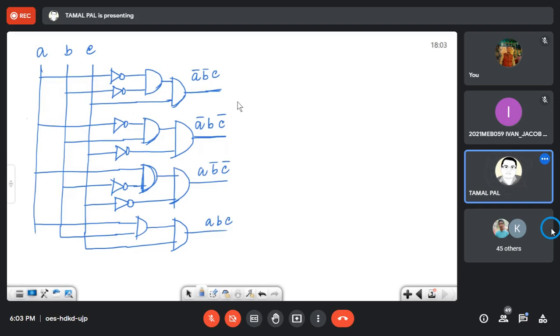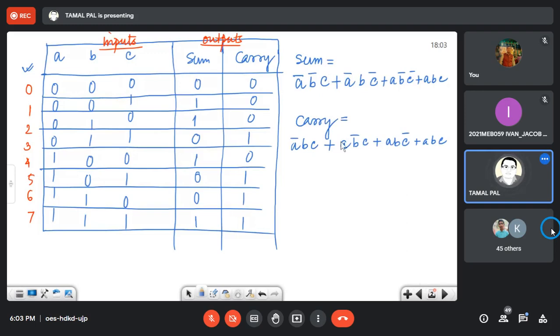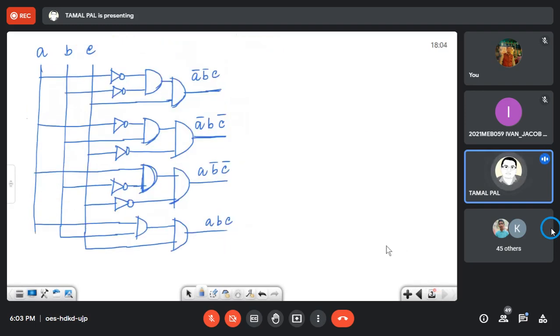Now, if you are asked to join using two input OR gate, then you cannot join at a time. You have to join either 2 by 2.